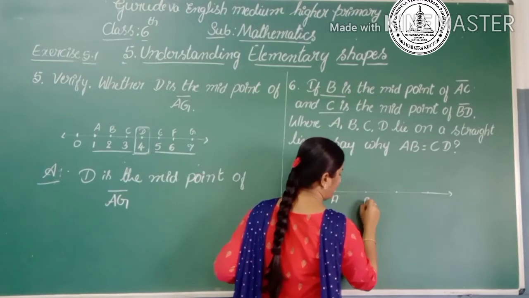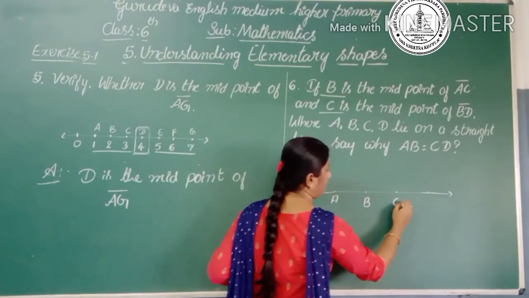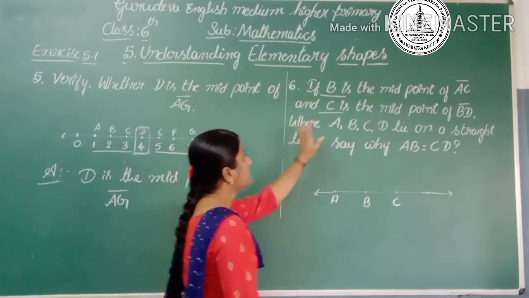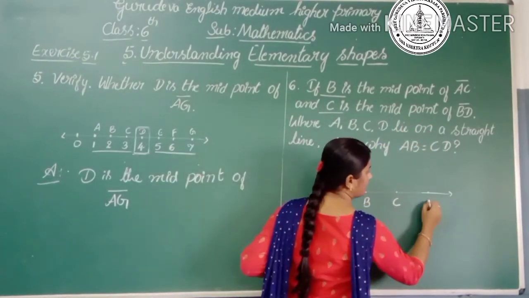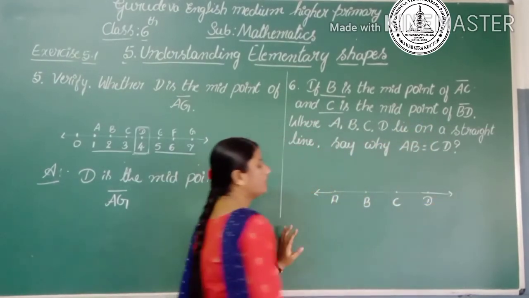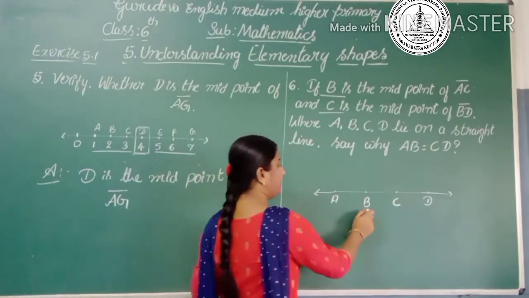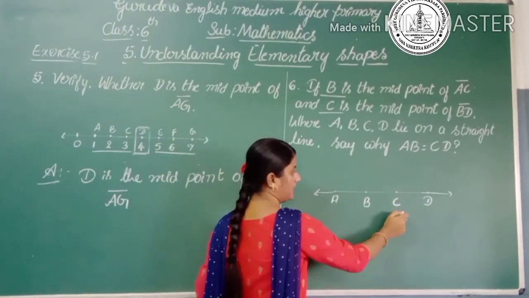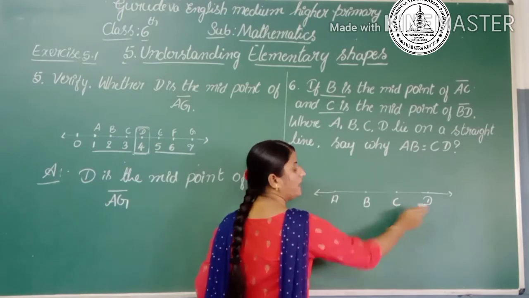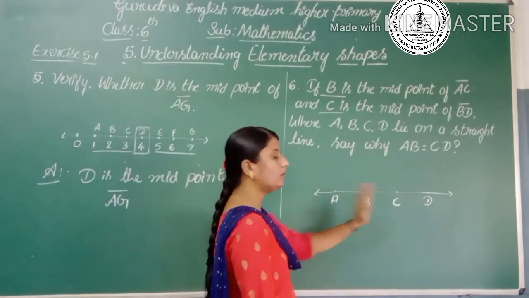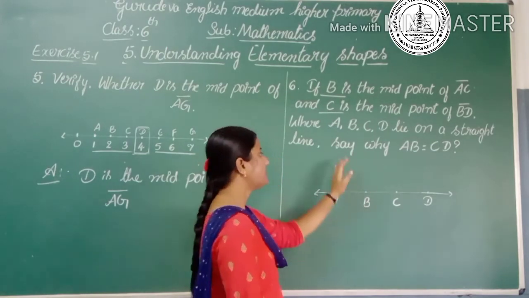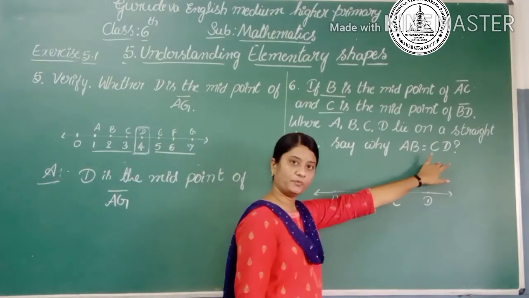Then C is the midpoint of BD. Now you can see here, B is the midpoint of AC and C is the midpoint of BD.